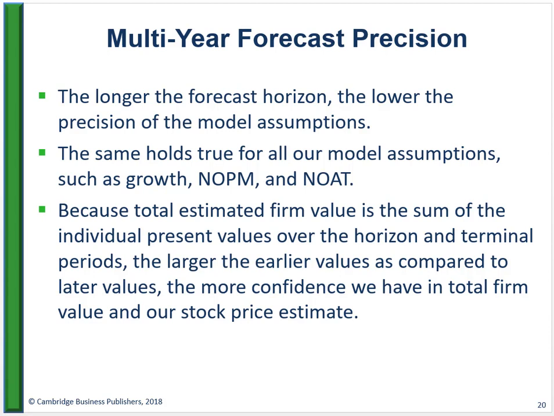And the more accurate we can be in our financial forecasts, the more accurate our present value is going to be. So let's look at this list here. First bullet, the longer the forecast horizon, the lower the precision of our model assumptions. With P&G, Procter & Gamble is a mature company. They don't have a long period of excessive growth in front of them.